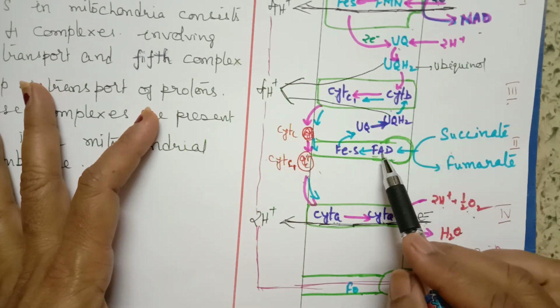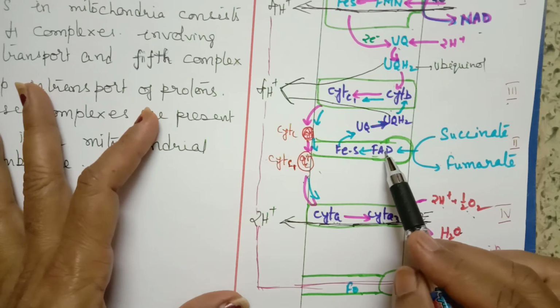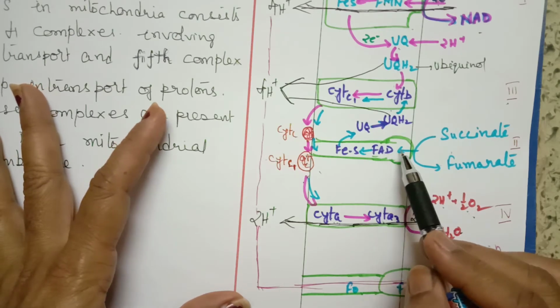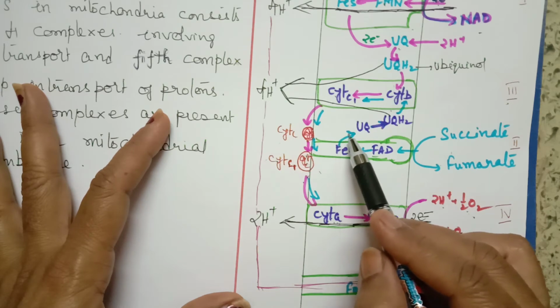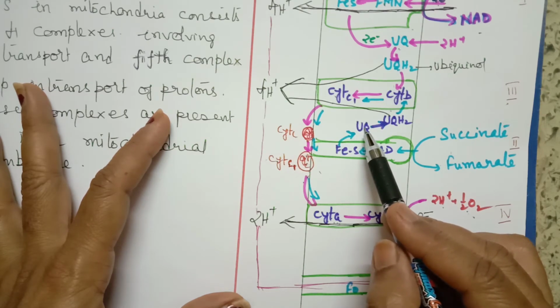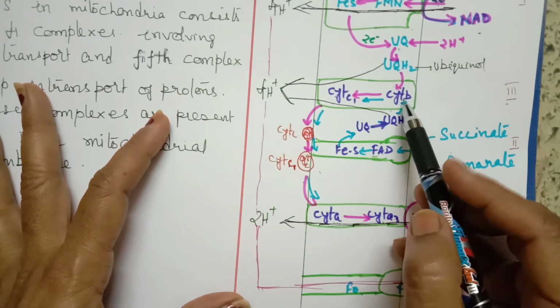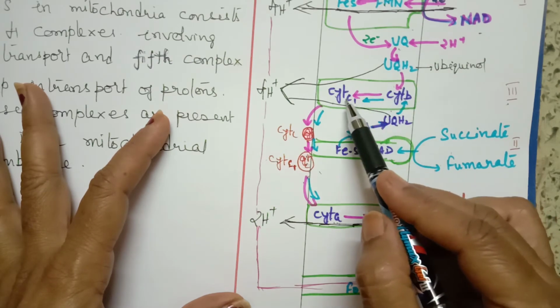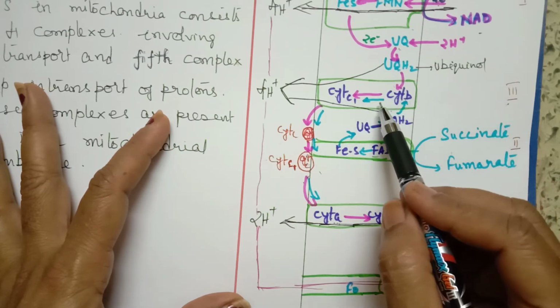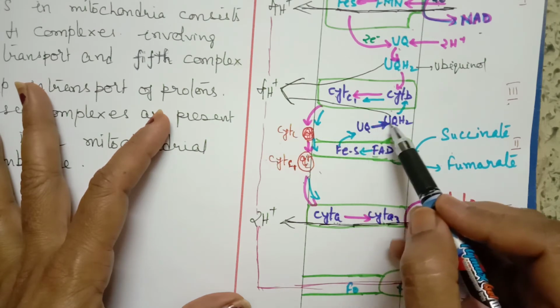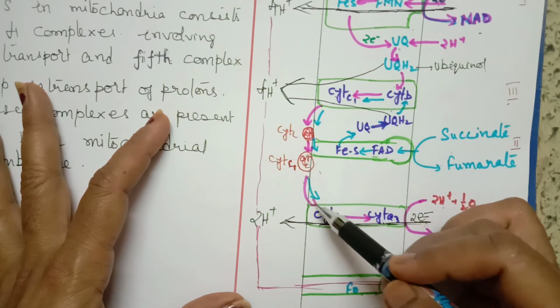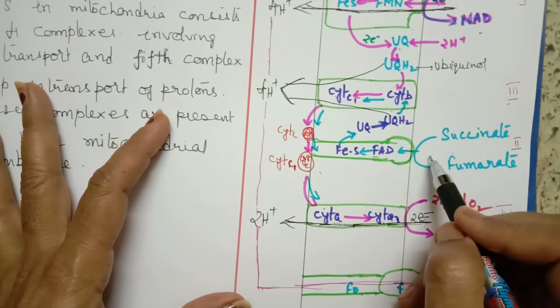So through second complex, it releases electrons and protons. The electrons move through FAD, FeS, and then to the mobile carrier, that is ubiquinone, and then to cytochrome B and C1, that is third complex. I have shown this in blue line. This is the path of the electron from second complex.